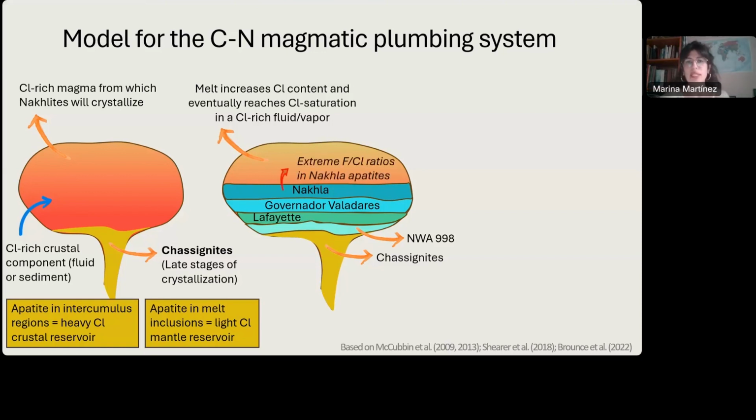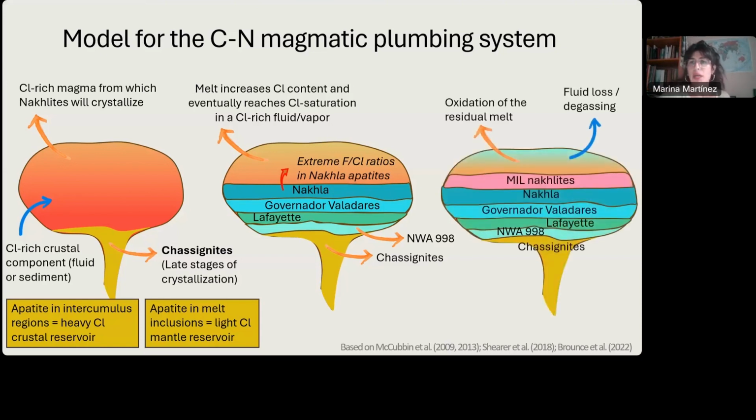And that explains the extreme fluorine-chlorine ratios that we see in Nakhla apatites. And so then finally, there's fluid loss or degassing that oxidizes the residual melt, and that happens right at the end.